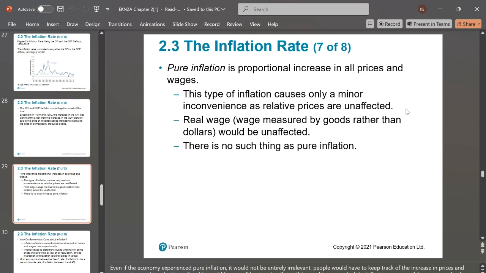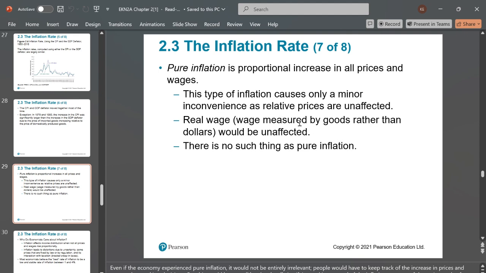Whenever there is pure inflation, consumers are not really affected, because whether there's an increase in inflation or not, their wages are also increasing, so they can still afford to buy the things that they would like to buy. So that real wage would be unaffected.